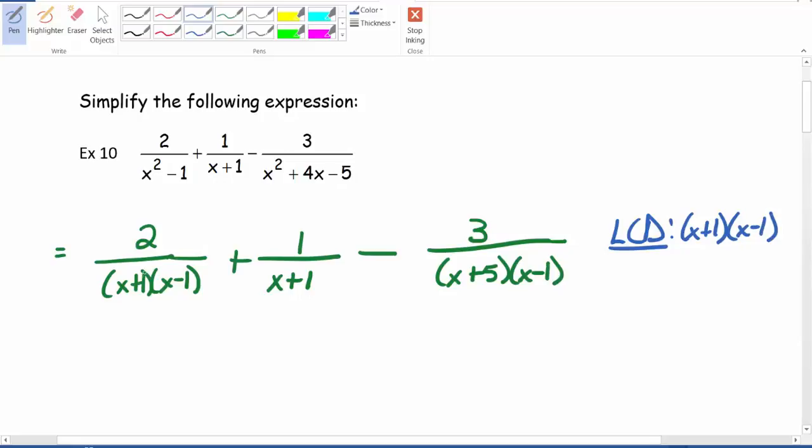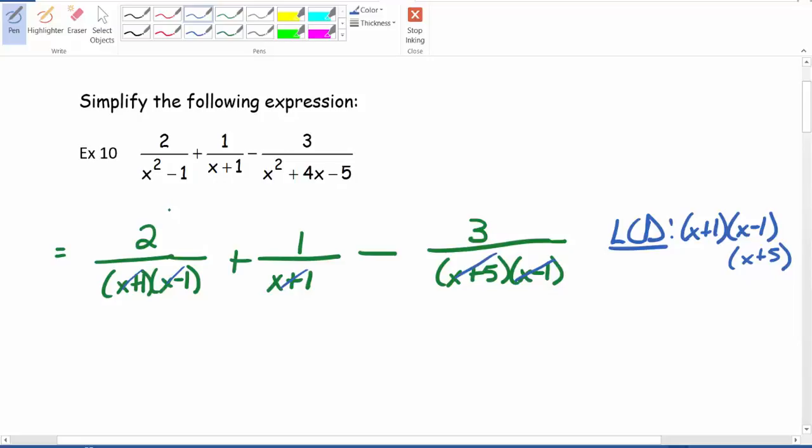You can kind of do your cancellation stuff if you would like. But we already had that x plus 1 taken care of from the previous one. We've also already added that x minus 1 over here, so he's good there. And then finally we need x plus 5. So now everything is canceled off the list. So our least common denominator is x plus 1 times x minus 1 times x plus 5.